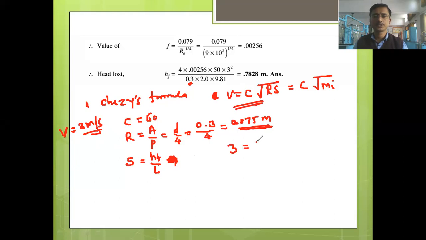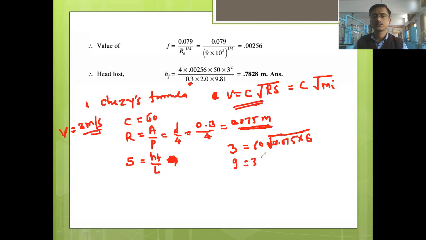C is equal to how much? 60 under root of R. R is equal to how much we have found? 0.075 into S. Now we have to find out what is the value of S. Okay. Now you can do the square on both sides. What will come here? 9.